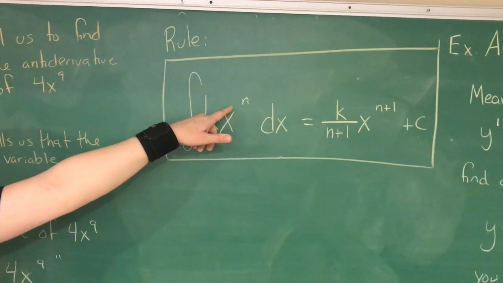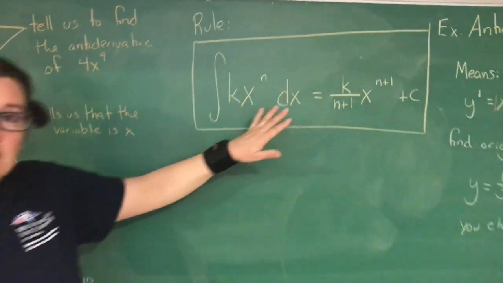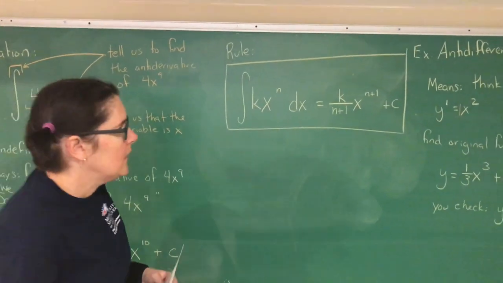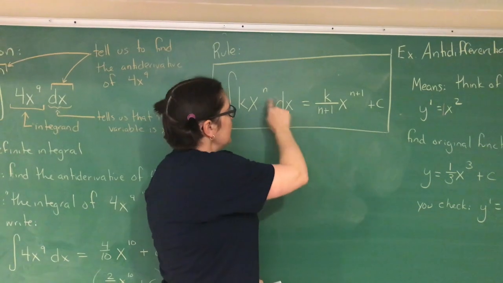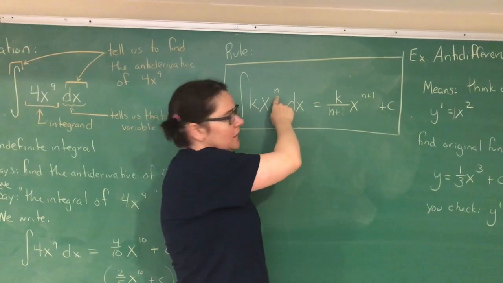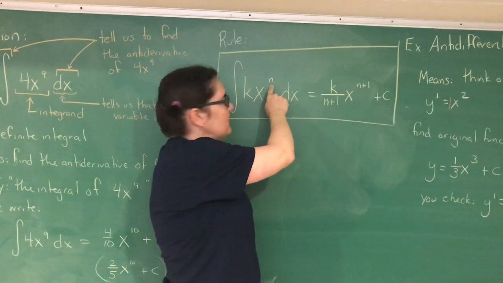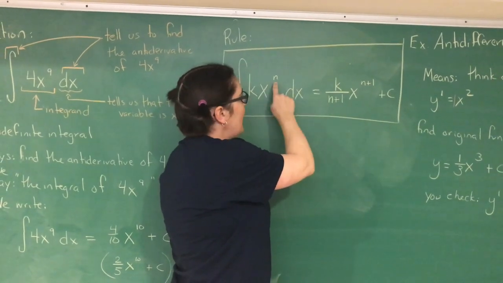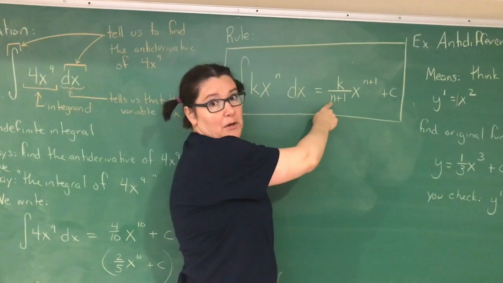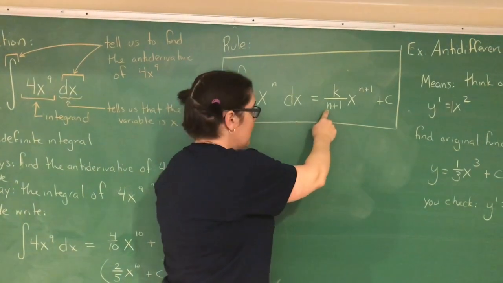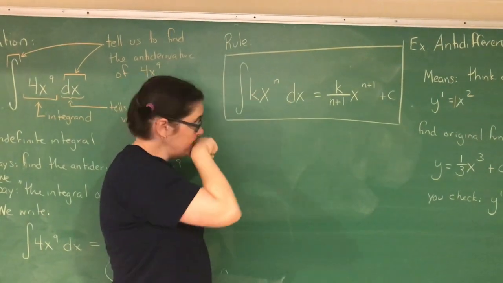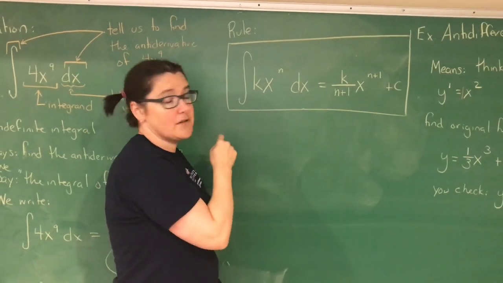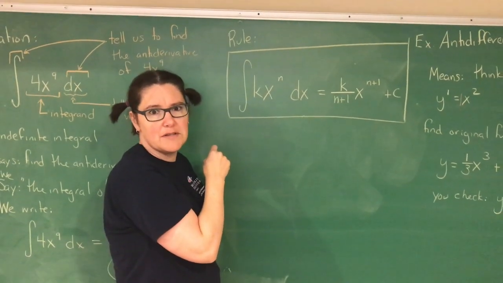x's raised to powers. Now this is a perfectly legitimate rule with one exception. Think about your power here. Most powers this works, even x to the 1/2. But what if your power was -1? If your n, or your power, is -1, this antiderivative rule will not work because you're dividing by 0.